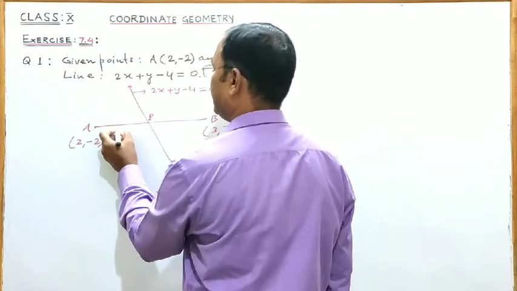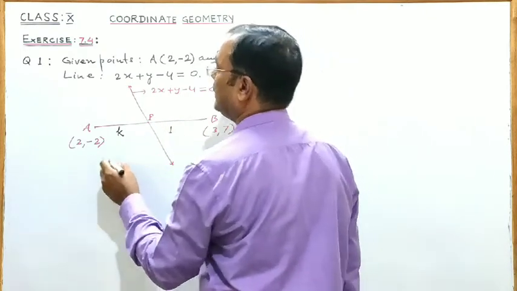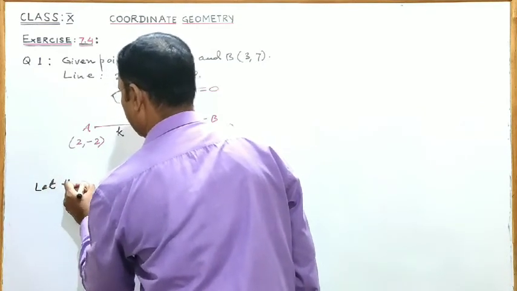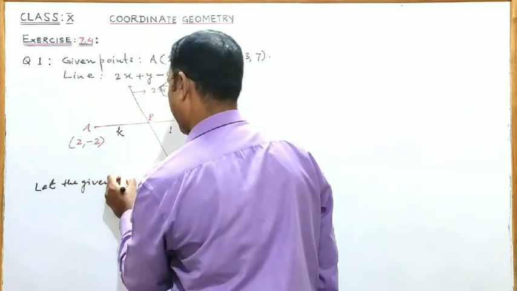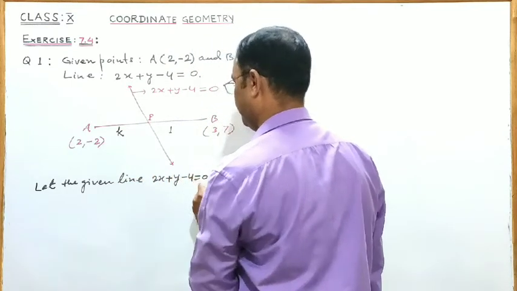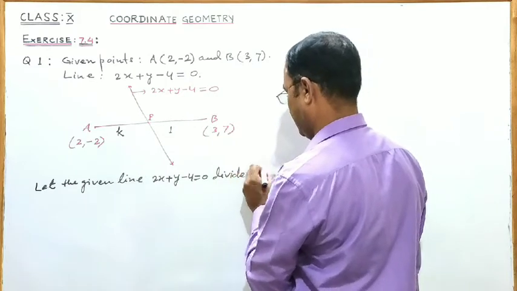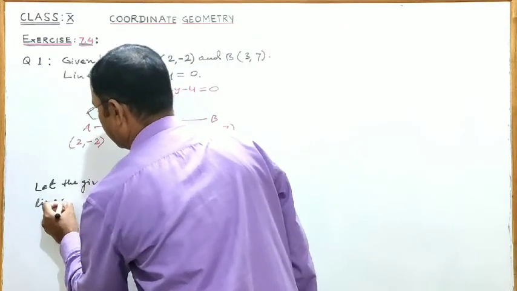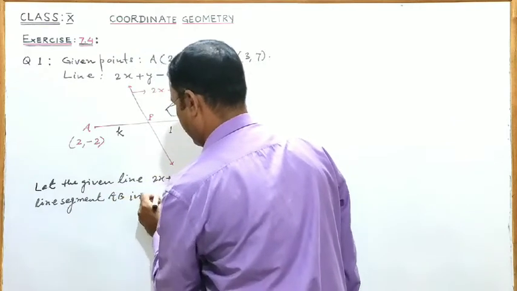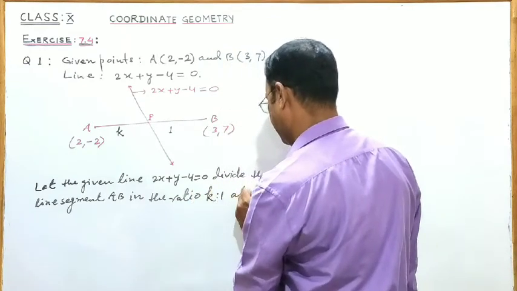Let us assume that this line divides the given line segment in the ratio k is to 1 at point P. So, let the given line 2x plus y minus 4 equal to 0 divide the line segment AB in the ratio k is to 1 at point P.